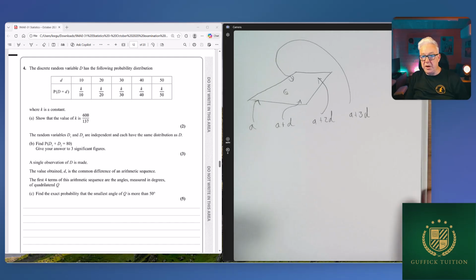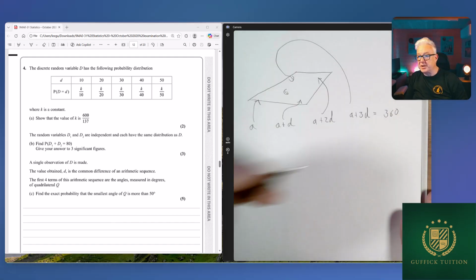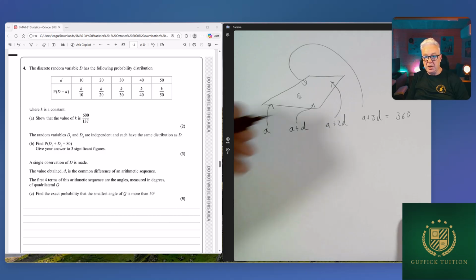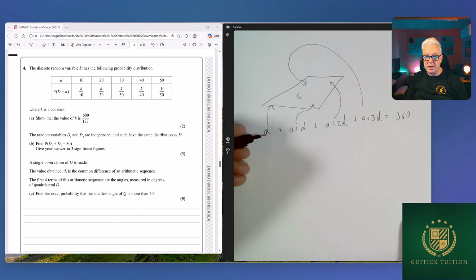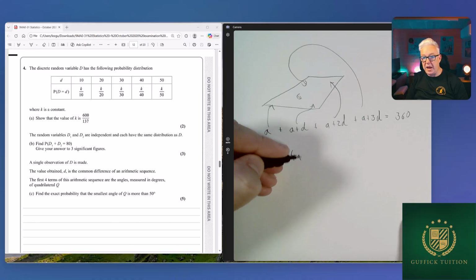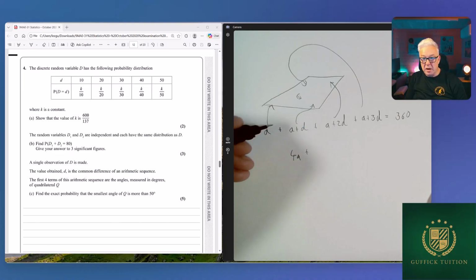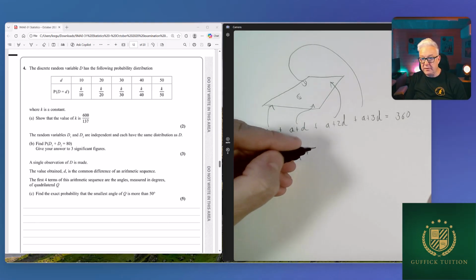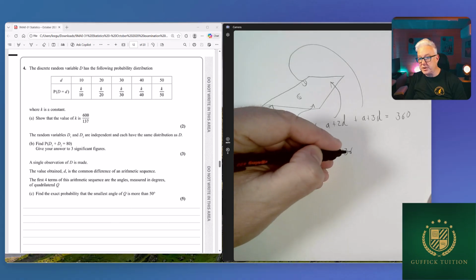Now, what do we know? We know that the angles in a quadrilateral are going to add up to make 360 degrees in any quadrilateral. So we've got this expression here that we can form. So we're going to say that 4A plus 6D is going to equal 360.